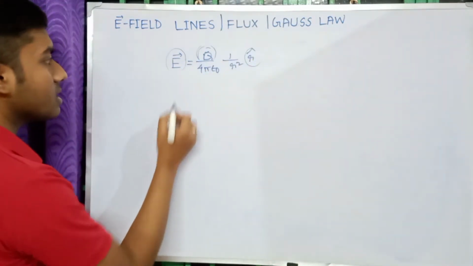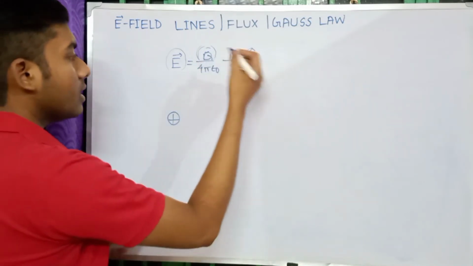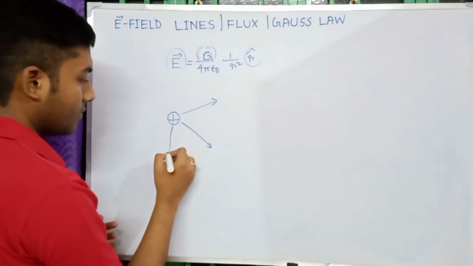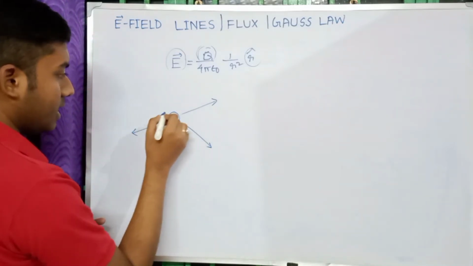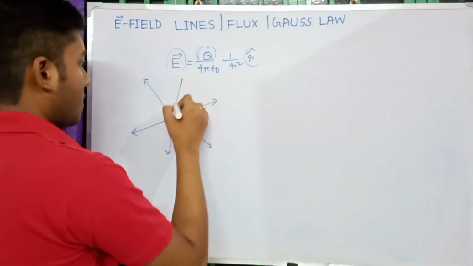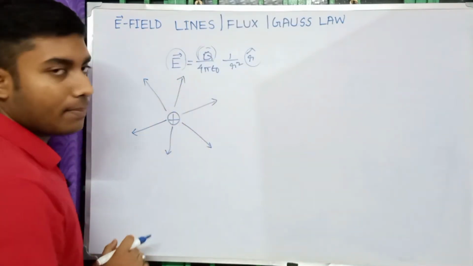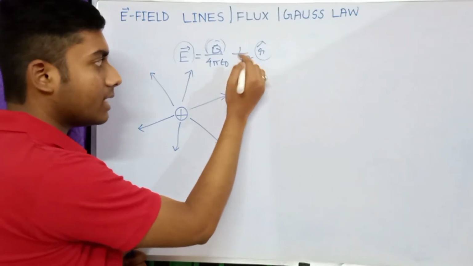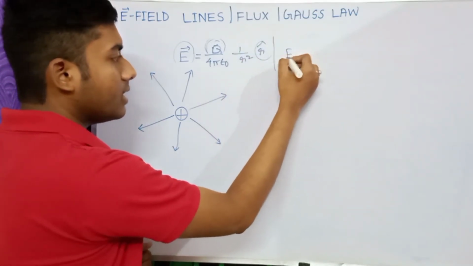So if we have positive charge q here, the electric field lines will be like this, radially outward.